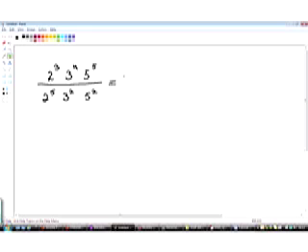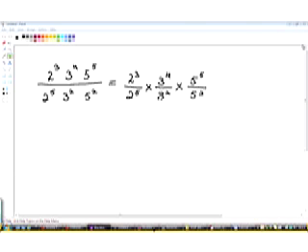So how it's going to work, it's going to be 2 to the third power over 2 to the fifth power, multiplied by 3 to the fourth power over 3 to the second power, multiplied by 5 to the fifth power over 5 to the second power.